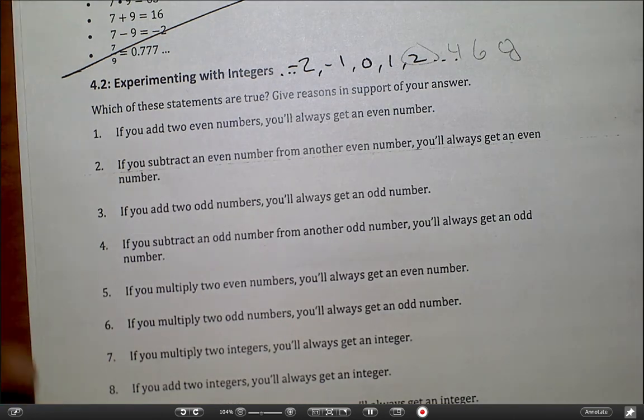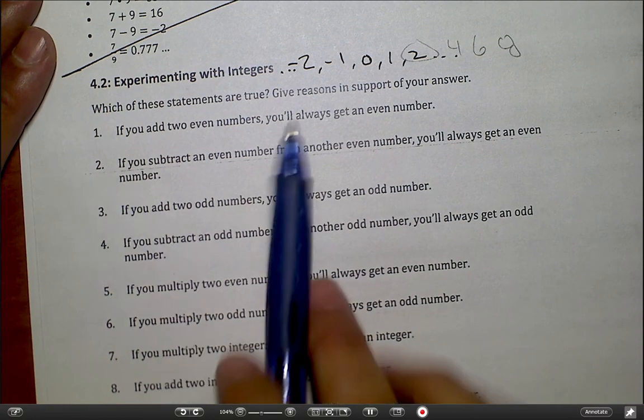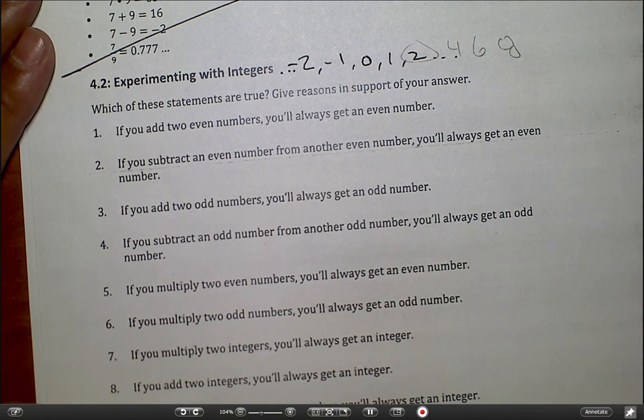So is that going to be a true or false? I hear true and I hear false. Can you guys give me an example of that? What is it, Angel? If you're on an odd number, you add 2, you're going to end up with another odd number. Okay, but can you give me an example of it though? Give me an example of adding two even numbers.